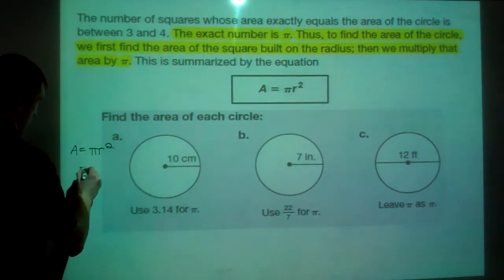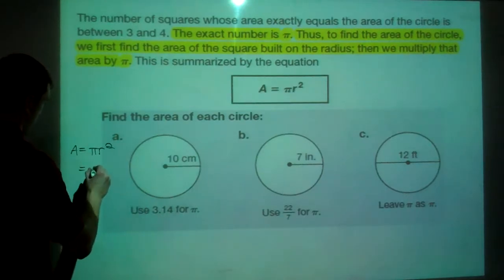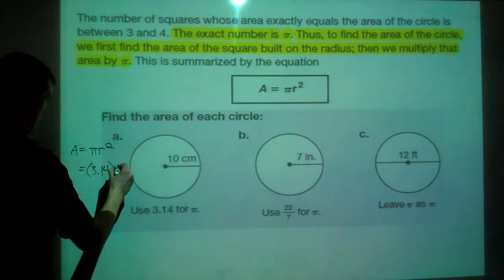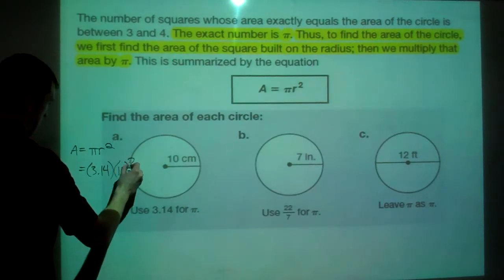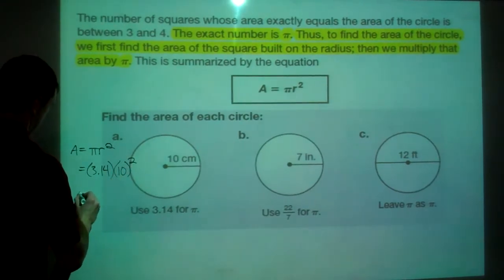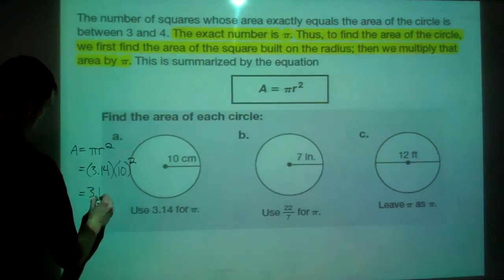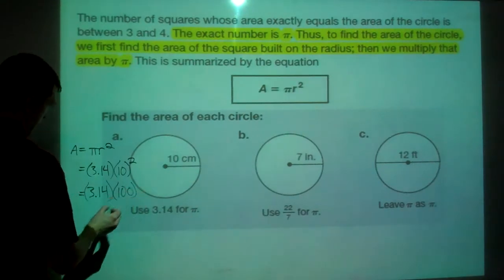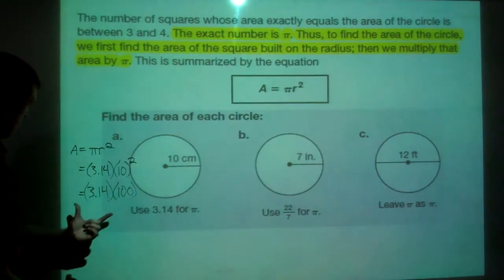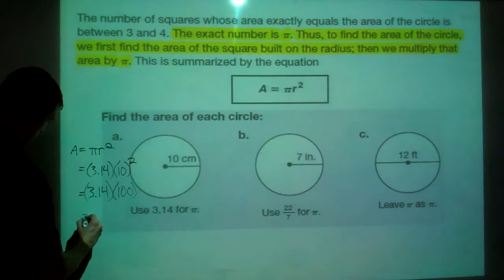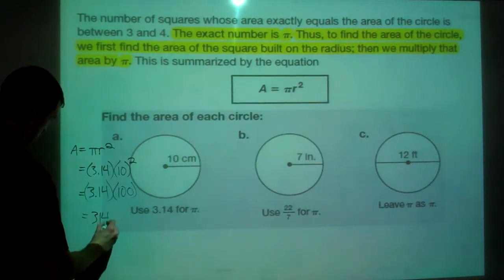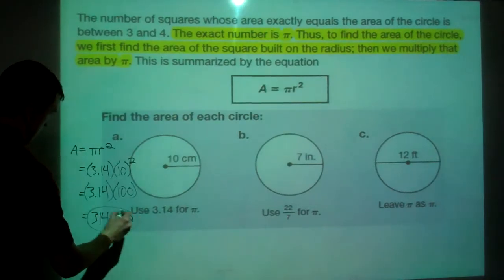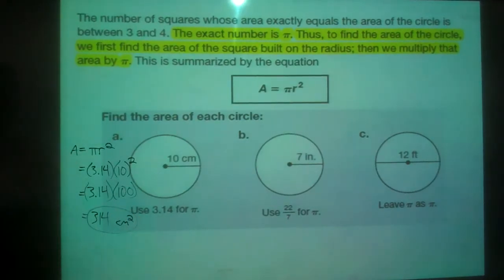We're going to square our radius, we get to use 3.14 for pi. 10 squared, so 10 to the second is 100, because 10 times 10 is 100. We have 3.14 times 100, and if we do this, we get 314, and we are in centimeters squared, because we are with area now.